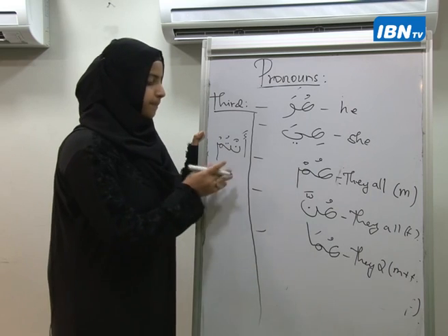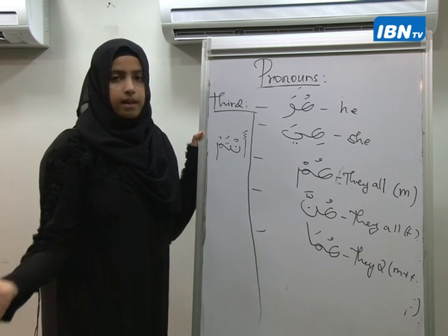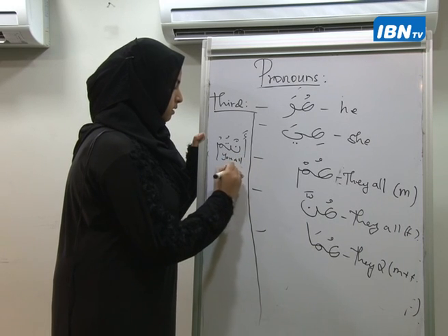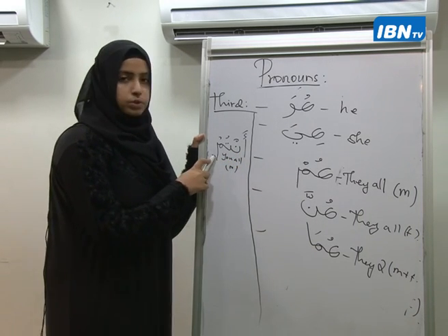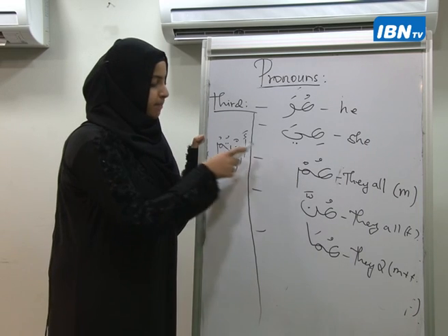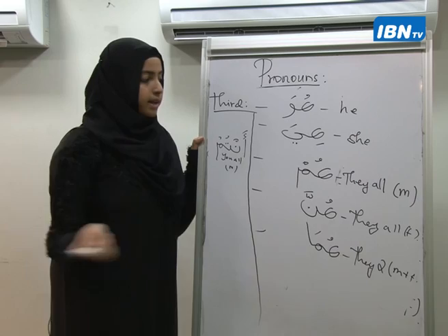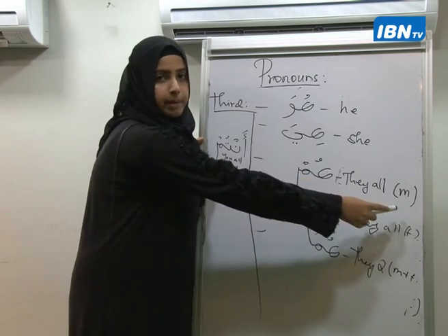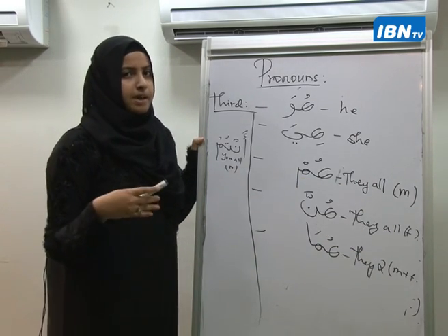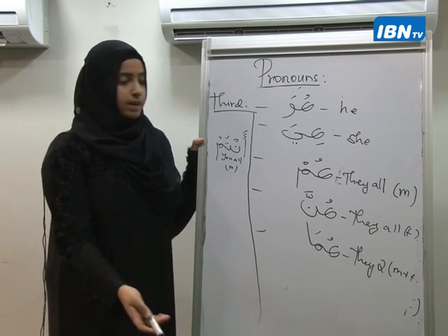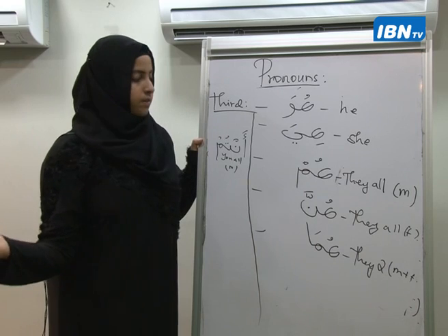Antum means you all masculine, right? Antum, hum. Both end with meme. Antum, you all masculine. Hum, they all masculine. It's just a bit of similarity, making it easier for you to remember.